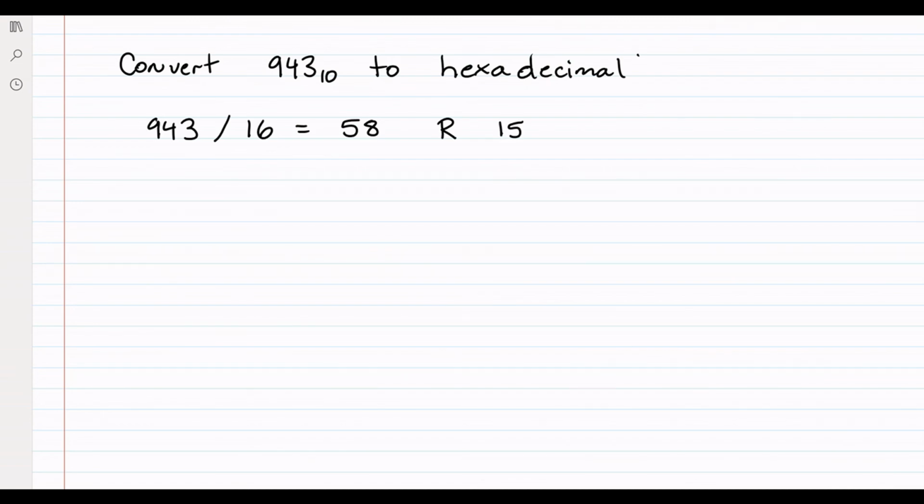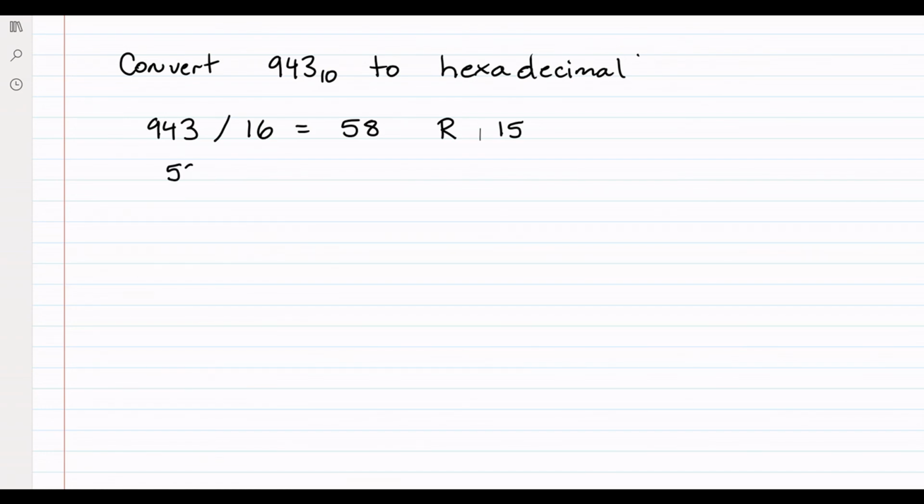So how do I know that? Well, so if you take 943 and divide by 16, you get 58 point something show up on your calculator. Okay, so 16 times 58 is 928. Okay, so 943 minus the 928 gives you the remainder of 15.